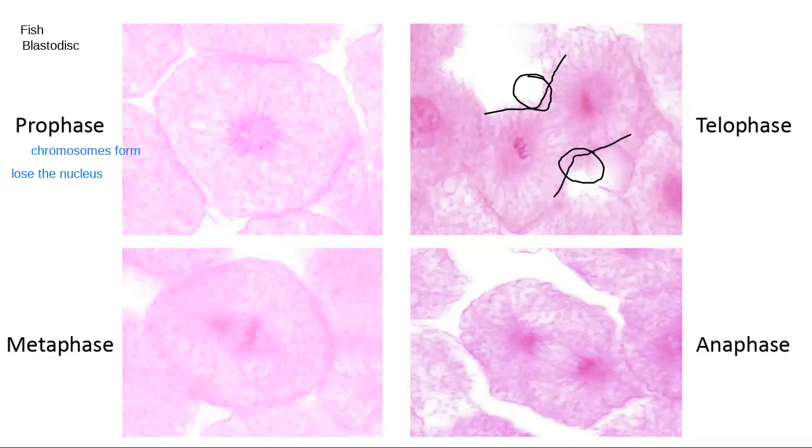I can tell it's telophase because I have that thing called the cleavage furrow, where I've started to do cytokinesis. I'm dividing up the soupy stuff. I'm pinching in the membrane. So this last one here is telophase. What phase of mitosis is telophase? Because I can see the cleavage furrow on these two sides here.